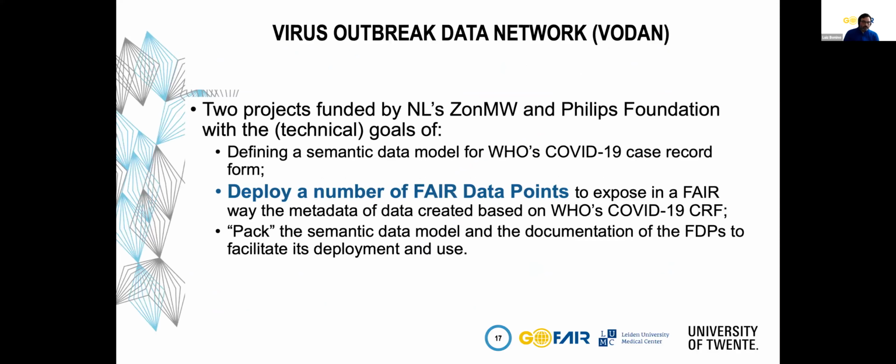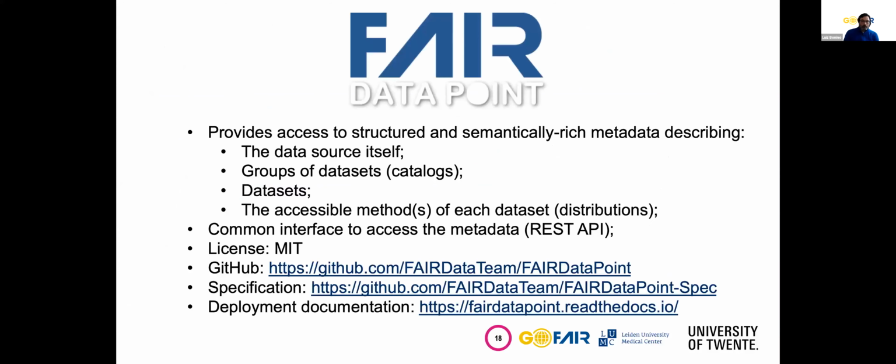So going to the second deliverable that we have, which is to deploy a number of FAIR Points. So first, what's a FAIR Point? A FAIR Point is a technology that we have been developing for the last years that provides access to structured and semantically rich metadata that describes different things.